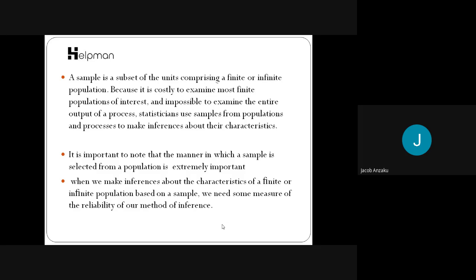Now, it is important to note that the manner in which a sample is selected from a population is extremely important. Take for instance, if we want to know who will actually win a particular gubernatorial election, and we place, let's say, two contestants side by side, and we collect data online, maybe using WhatsApp or social media.